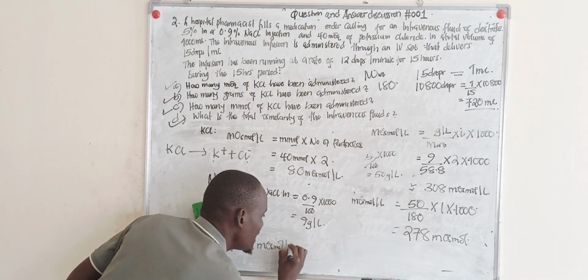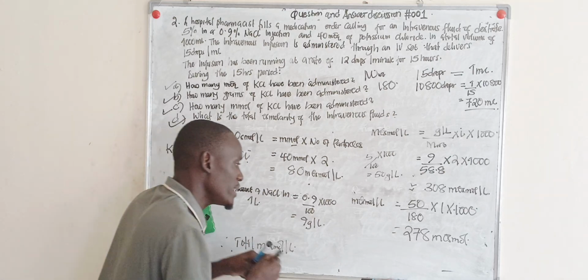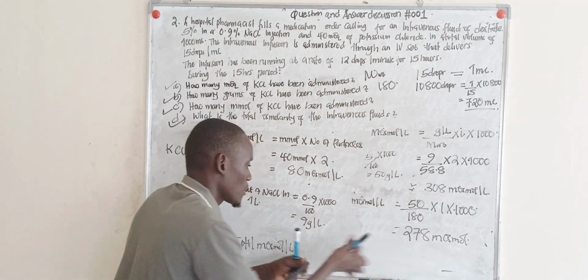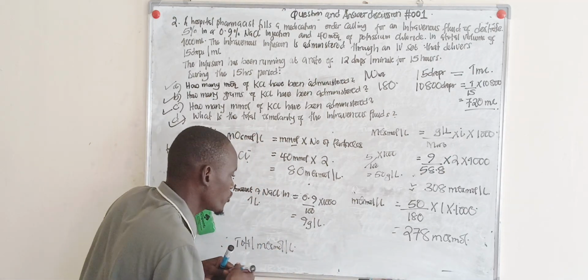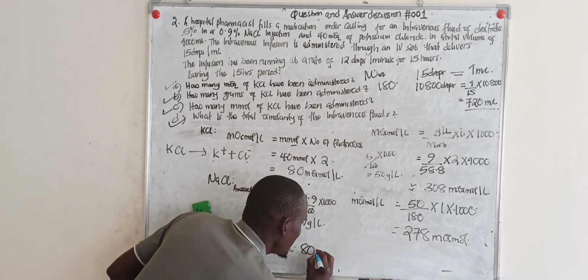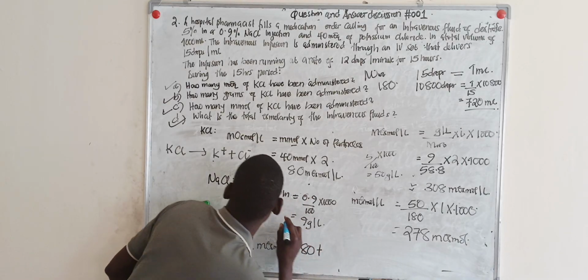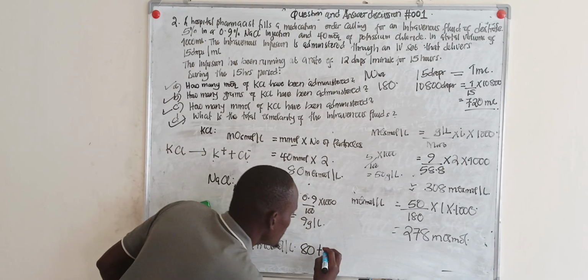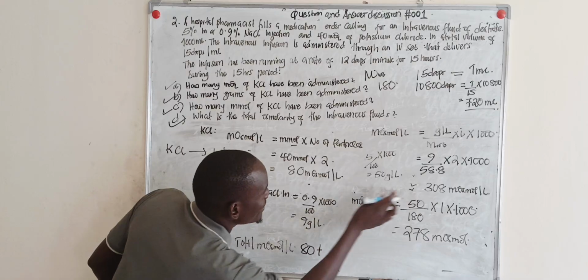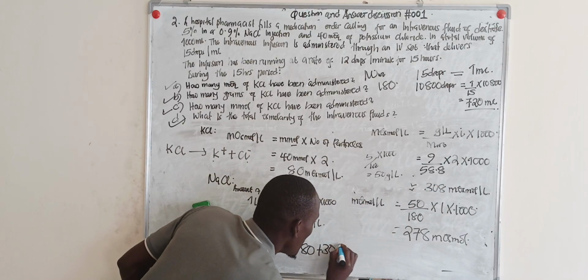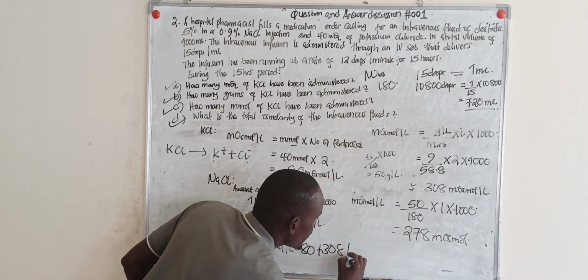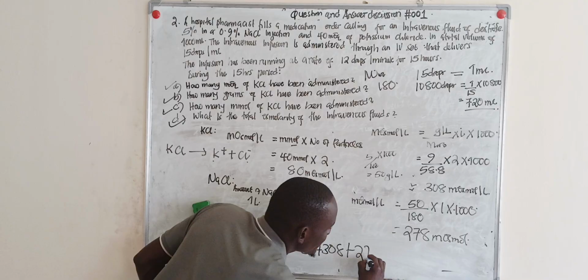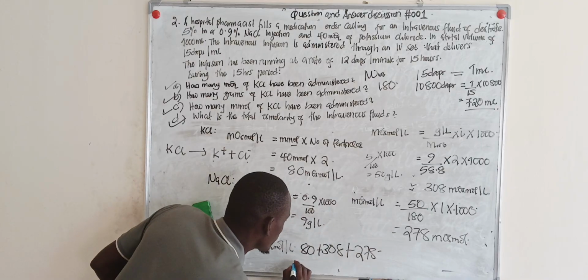So the total mosmol per liter is going to be the 80 for potassium chloride plus the 308 for sodium chloride plus the 278 for dextrose.